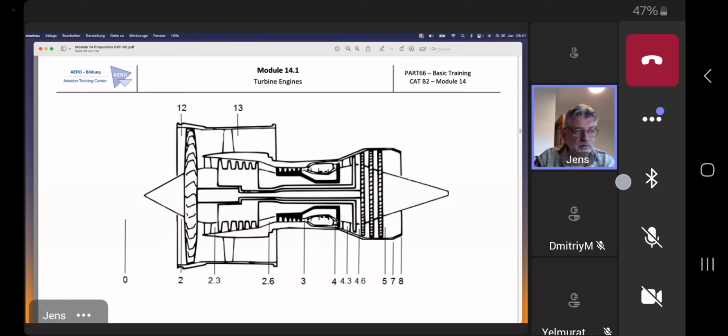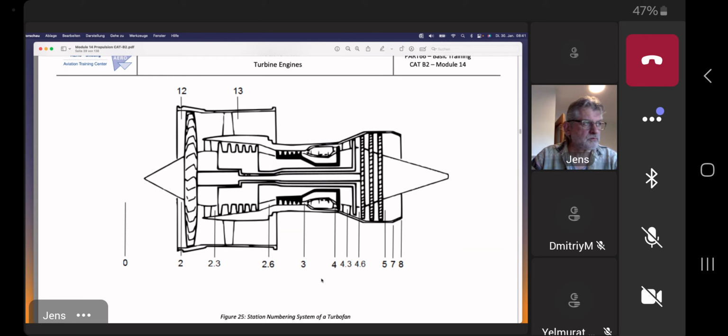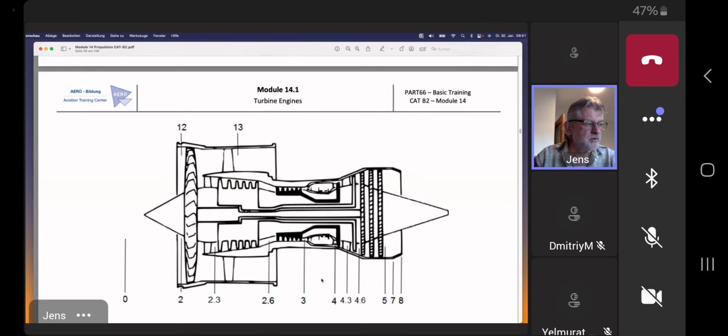But officially, they have an interest to know the inlet temperature, and what they do is measure the temperature somewhere here in the low pressure turbine, and when they measure maybe 800 degrees, they know that the turbine inlet temperature must be about 1500 degrees. Yeah, this is the idea. Talk about engine stations.